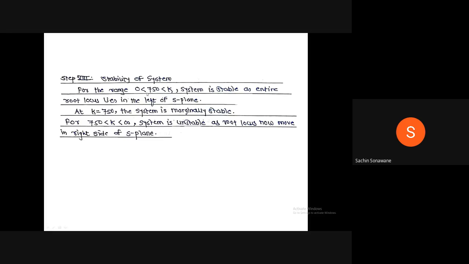For the range 0 less than k less than 750, the system is stable as the entire root locus lies in the left of the S plane. At k is equal to 750, the system is marginally stable. For 750 less than k less than infinity, the system is unstable as the root locus now moves to the right side of the S plane.